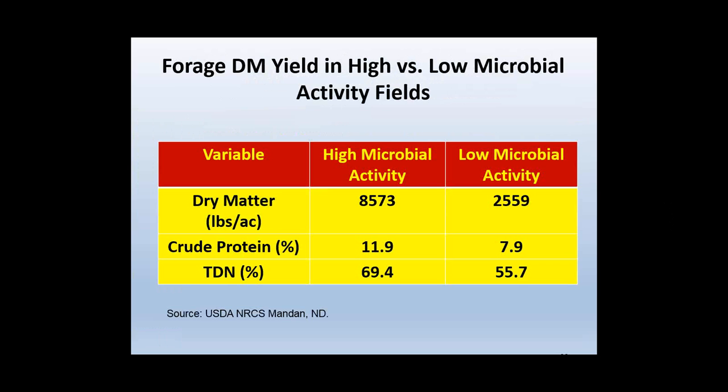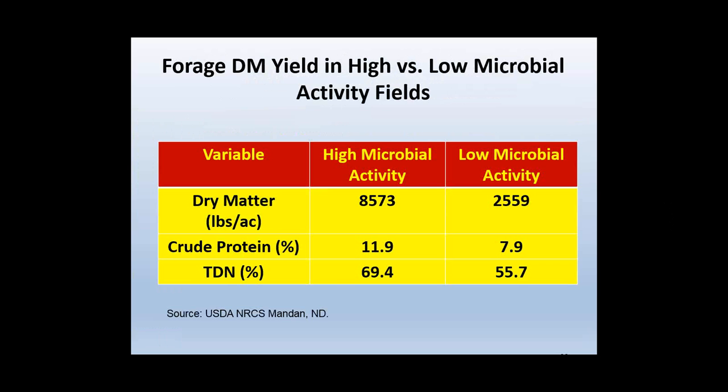So this slide that is showing right now, and this is data that was collected by the USDA NRCS out of North Dakota, shows what can happen if you build high microbial activity in your pastures. And these are side by side. Okay, so in these pastures where we have high microbial activity that was built using the adaptive high stock density grazing principles, we have been able to build up to dry matter productivity of over 8,500 pounds per acre.